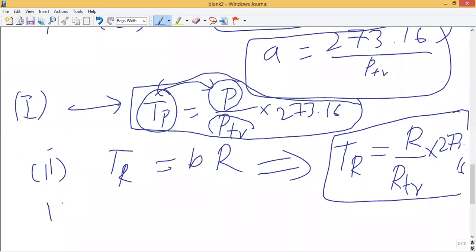For the third type, you can also write, that was our mercury thermometer. So for the mercury thermometer, you can also write like that.